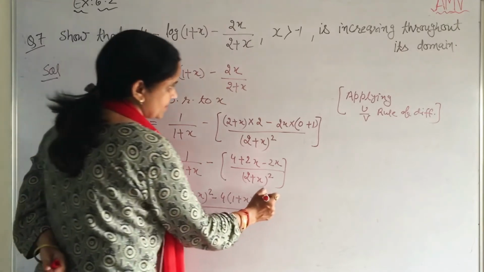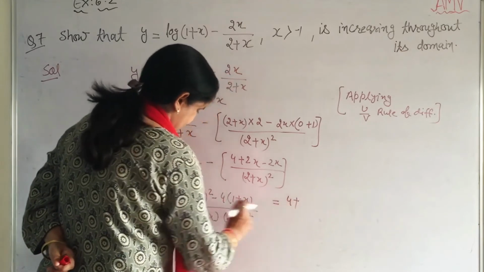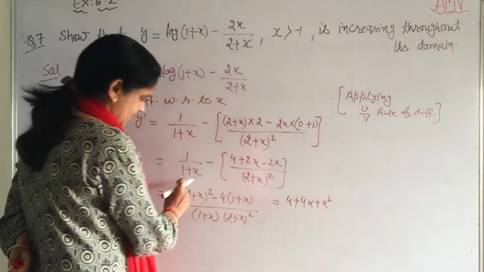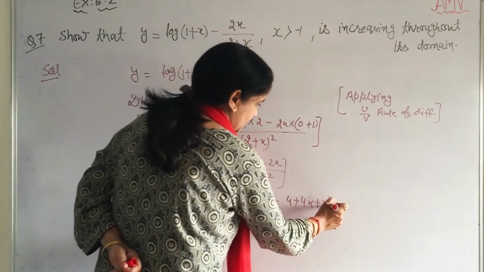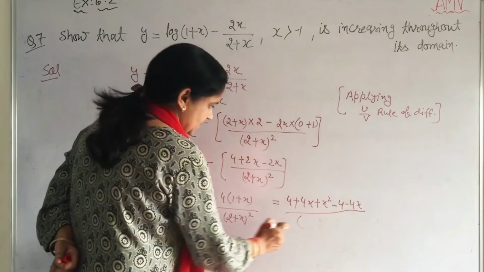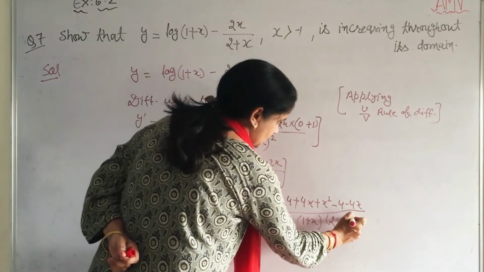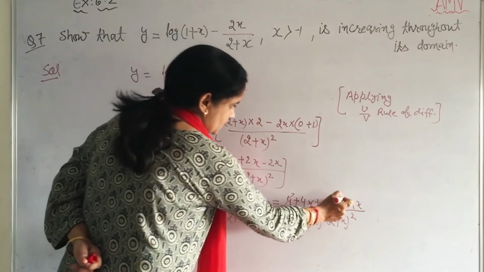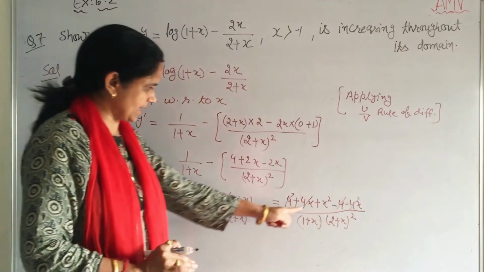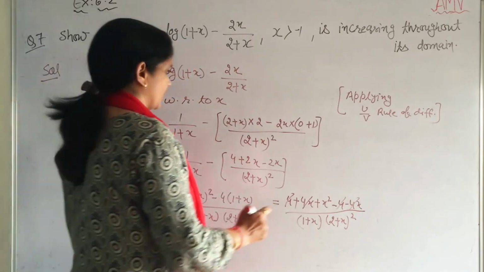Now simplify. You will get 4 plus 4x plus x square, expanding the whole square, minus 4 and minus 4x, and here it is 1 plus x and 2 plus x whole square. Now 4 will cancel, 4x and 4x will cancel. You will get only x square by 1 plus x and 2 plus x whole square.